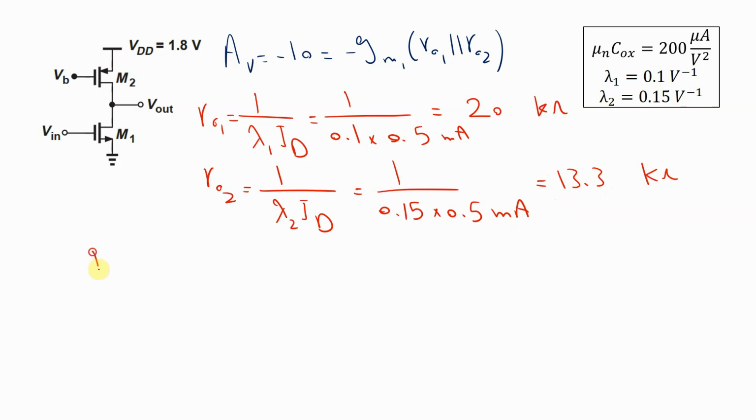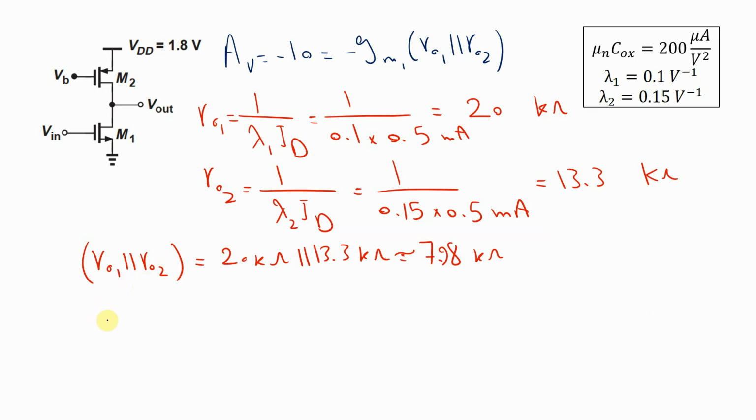So for RO1 parallel with RO2, this is the result. We get 20 kilo ohm parallel with 13.3 kilo ohm, which equals approximately 7.98 kilo ohm. Now we can calculate gm1.